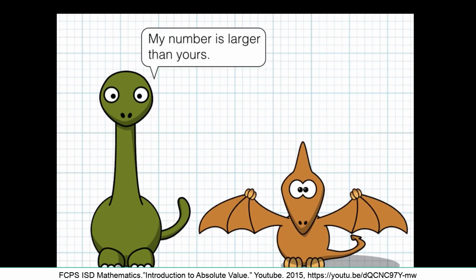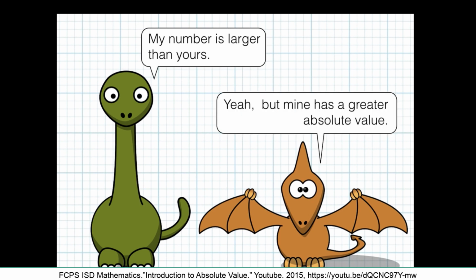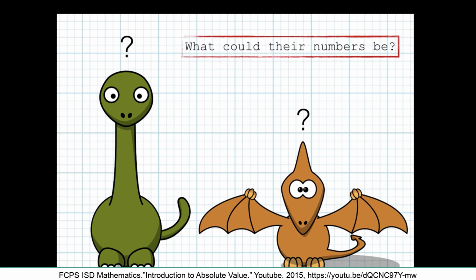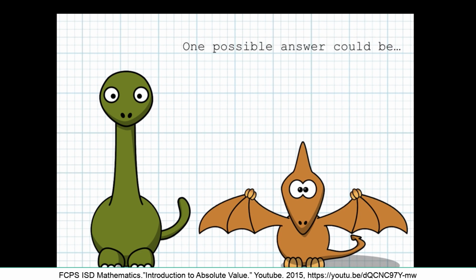My number is larger than yours. Yeah, but mine has a greater absolute value. What could their numbers be? One possible answer could be 2 and -7.